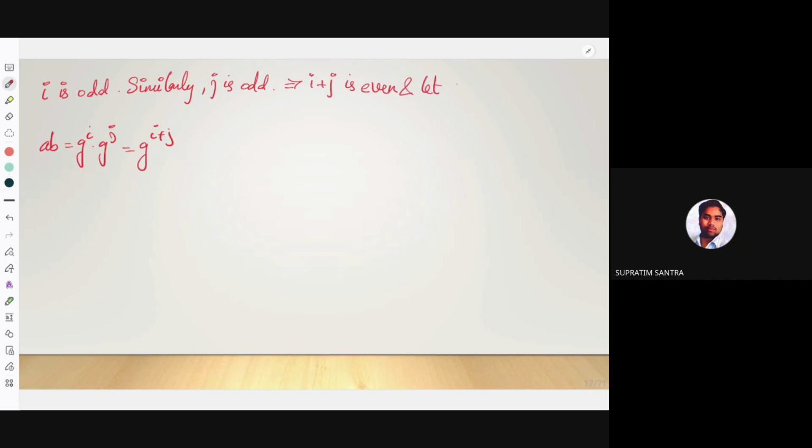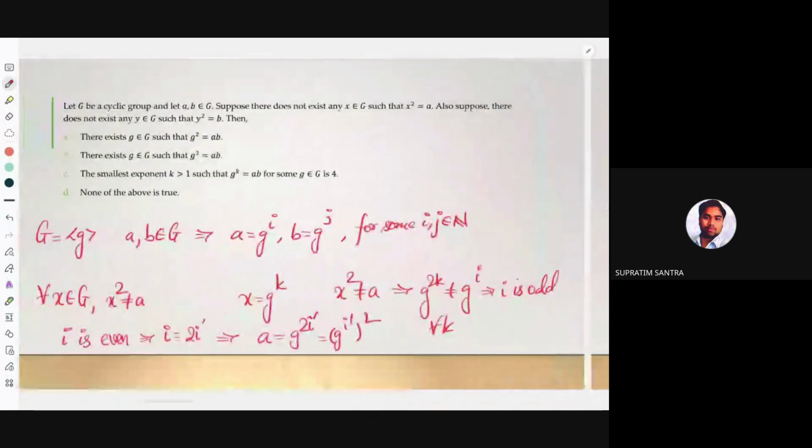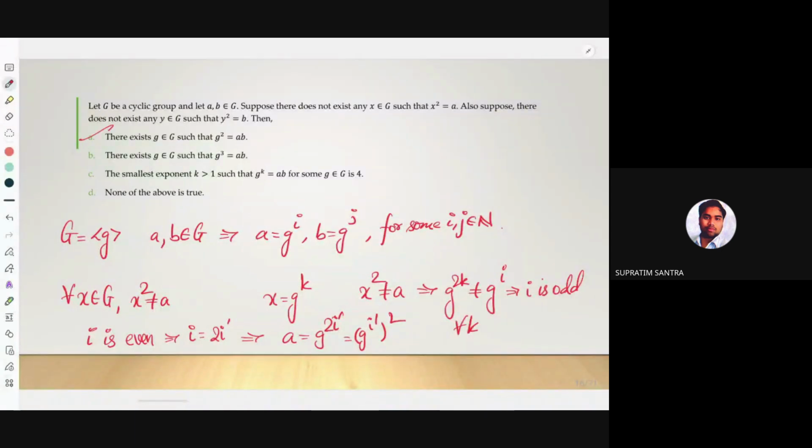And let i plus j be equal to 2 times k for some natural number k. And this is basically g power 2k, which can be written as g power k the whole square. So if I take h to be g power k, we have h square is AB. Which means AB can be written as square of an element, which is what option A says.